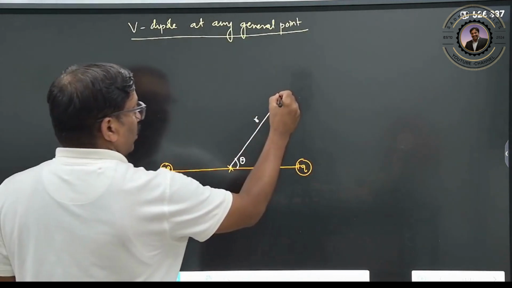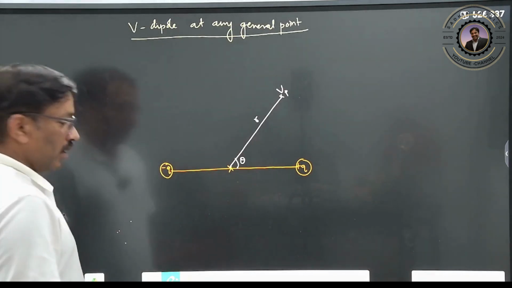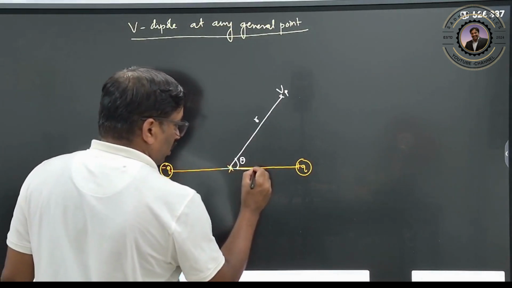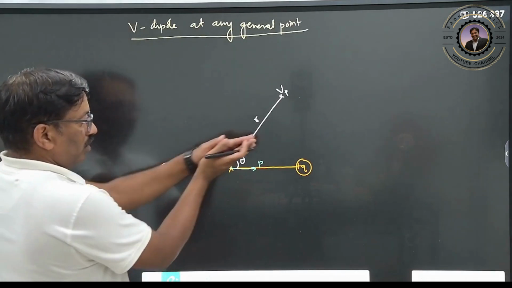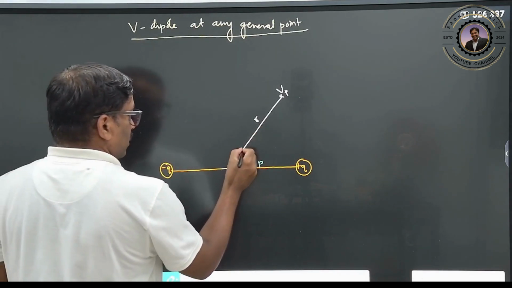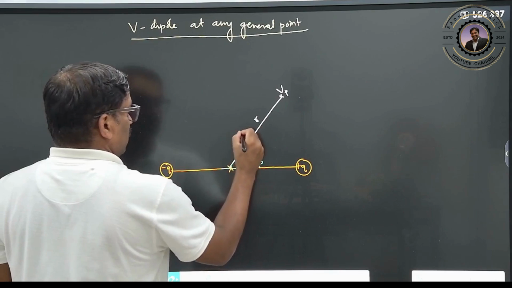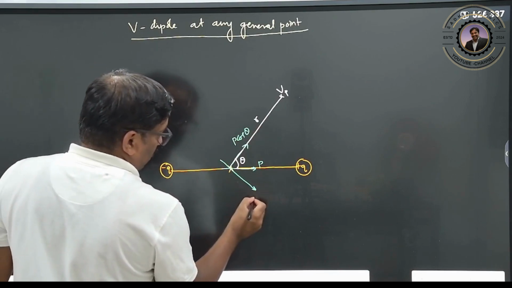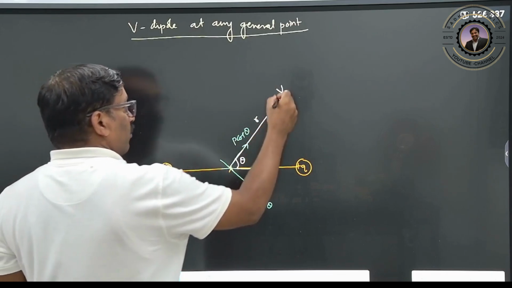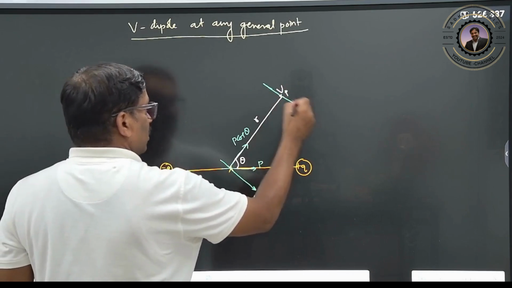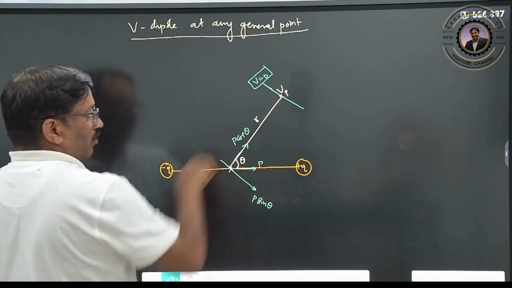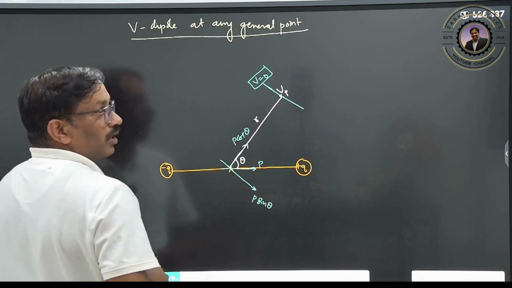Here we want to calculate the potential at any general point. Like last time, this dipole moment I will split into two parts. This part is p cos theta, and this part is p sin theta. This p sin theta is perpendicular to the position vector, therefore the potential due to the perpendicular part will be 0, as we just discussed for the equatorial line. Clear?